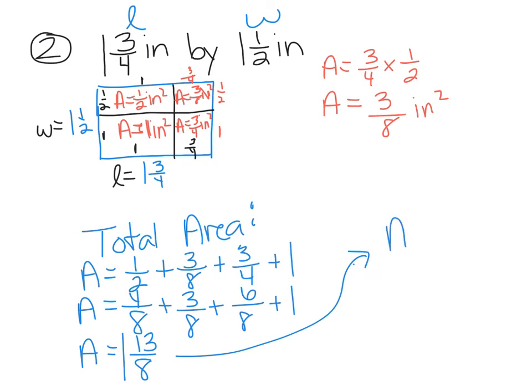So 8 goes into 13 one time, and then 13 minus 8 is 5/8. So my area is 2 5/8. And my unit is square inches.